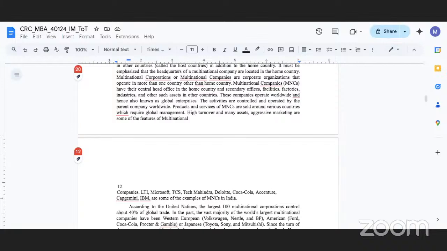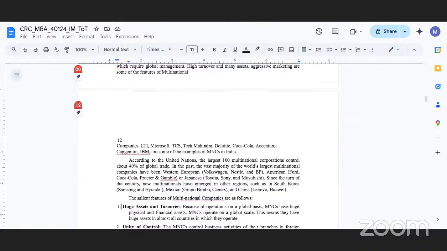That is truly possible. The fundamental point is they operate worldwide and hence they are also known as global companies. Now, some examples that we can consider here are companies like Microsoft, TCS, Tech Mahindra, Deloitte, Coca Cola, Accenture, Capgemini, IBM.